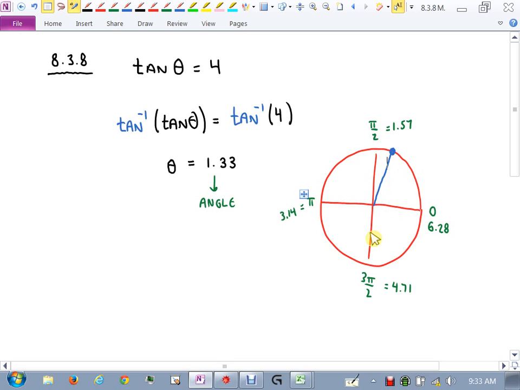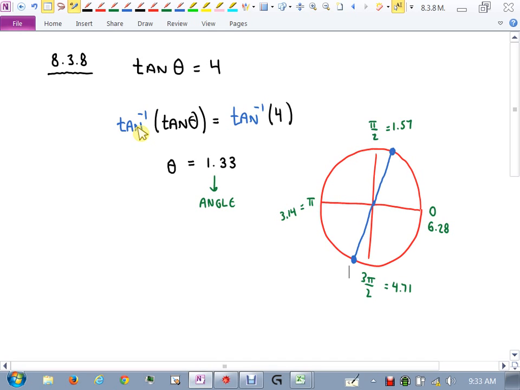And so by drawing the picture, I'm allowing myself to realize that the other solution is down here directly across from it. You see that? So we actually have 2 spots on the unit circle where we could get a tangent of the angle to be 4. It's this one, and this one, right?